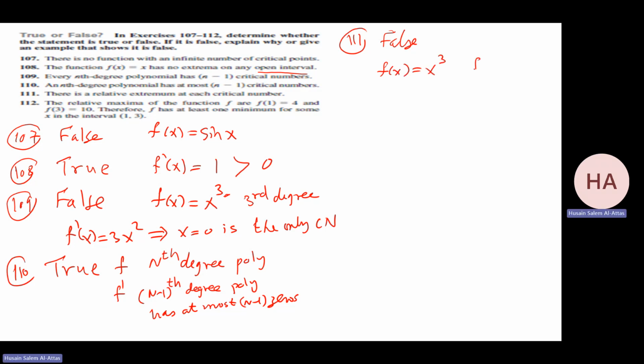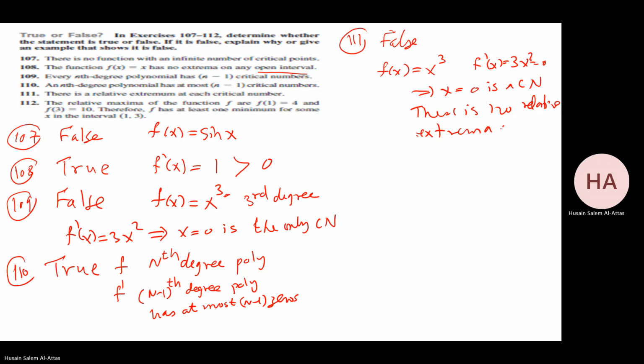I know that f prime equals 3x squared equals 0, so x equals 0 is a critical number. But there is no relative extrema at x equals 0.